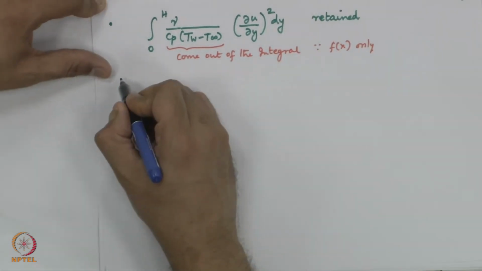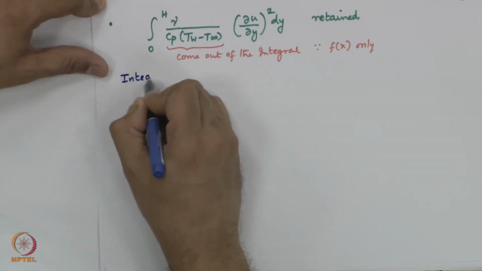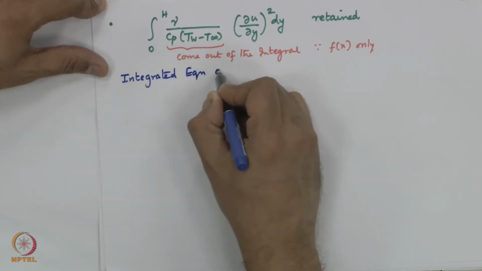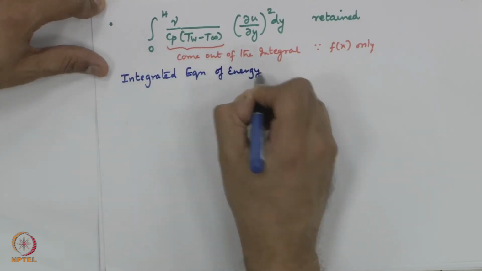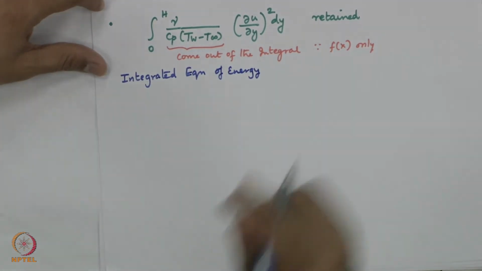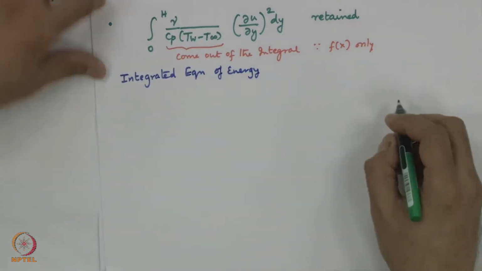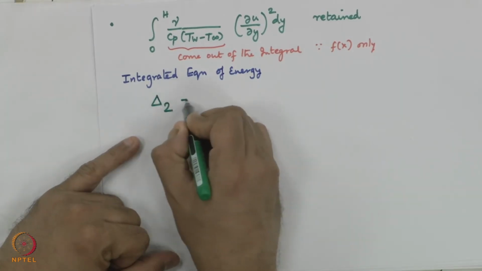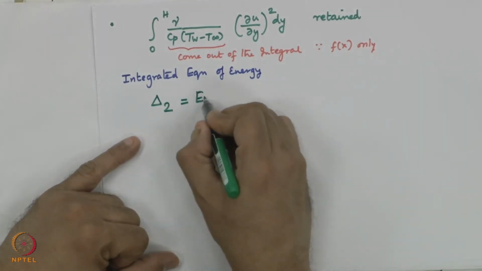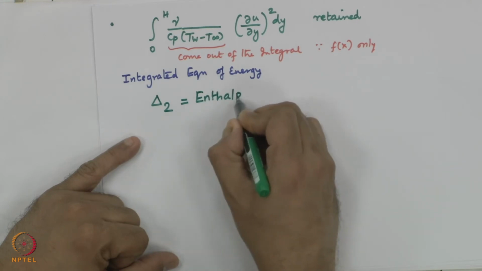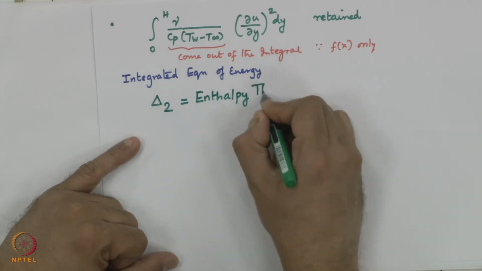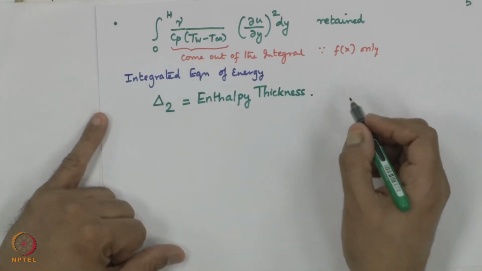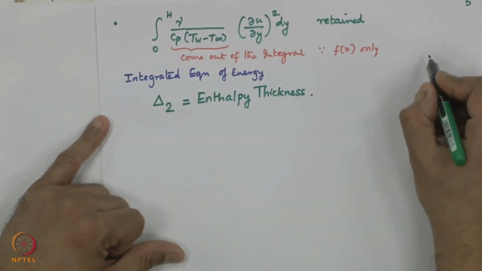That is the only manipulation possible. Now, I put all the terms together. Integrated energy equation is what I want to write. Recall, I am not sure whether I mentioned in the last module, we have to define an enthalpy thickness delta 2, which is called the enthalpy thickness. This is analogous to displacement thickness or momentum thickness, which represents the effect of the presence of a boundary layer.